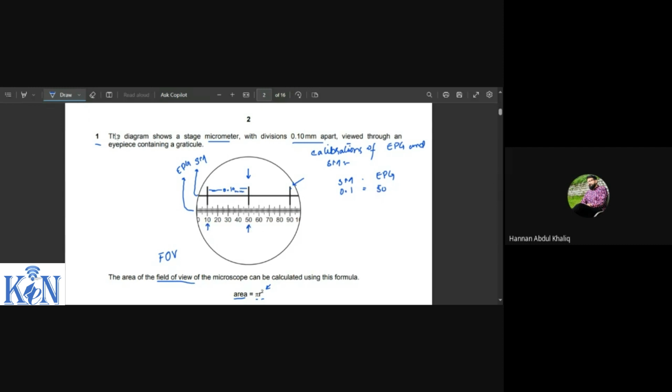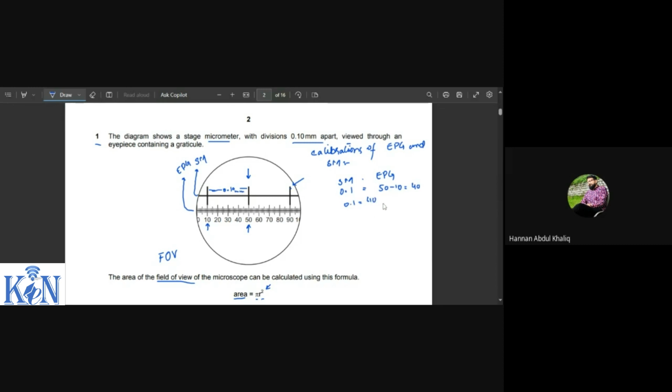So we cannot put 50 over here because we have to calculate it from the first coinciding point till this coinciding point. So this would be 50 minus 10, which is 40. So 0.1 is equal to 40.